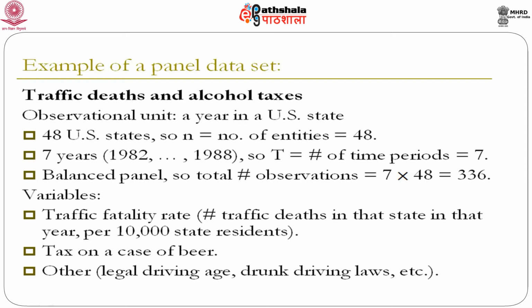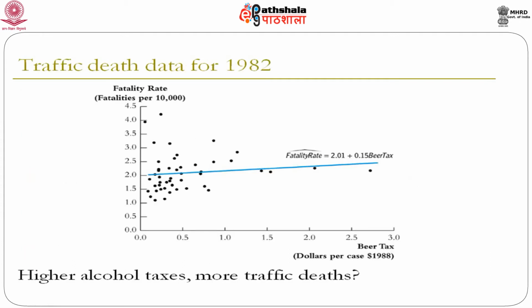The traffic fatality rate is the number of traffic deaths in that state in that year per 10,000 state residents. Now, there is a tax on beer. Suppose the government imposes a tax on beer, and the other factors are the legal driving age, drunk driving laws, etc. Now, the plot of the traffic fatality rate and the beer tax looks like this.